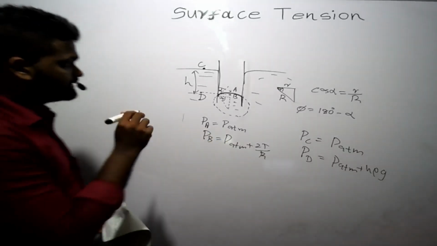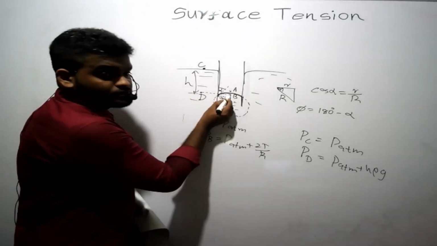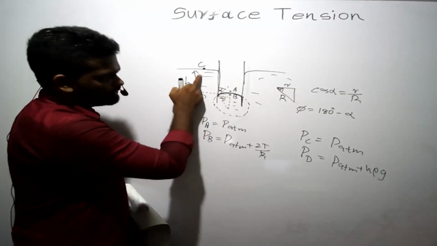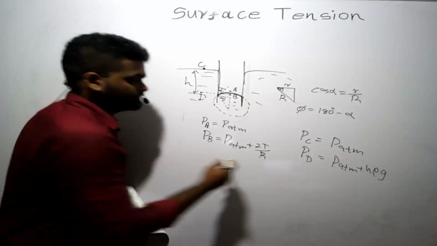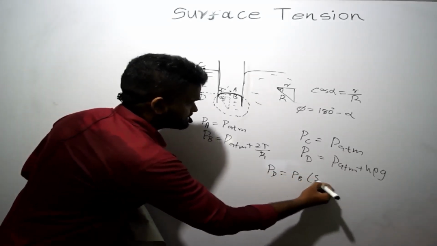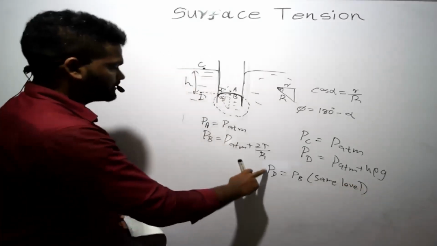Then other thing, we know what? PD and PB should be equal because same level, right? This is the same liquid. So at the same level, pressure should be equal. PD equals PB. So what is PD?